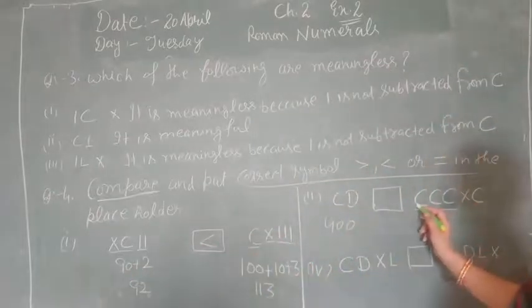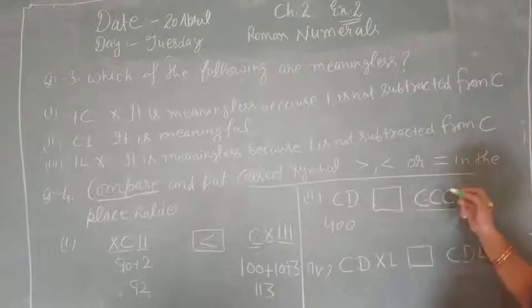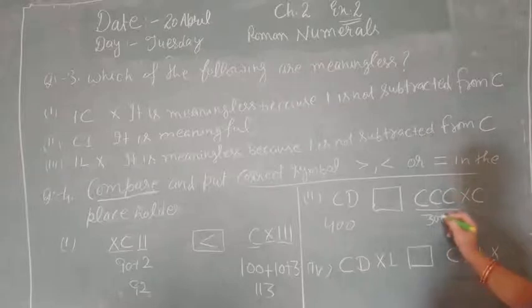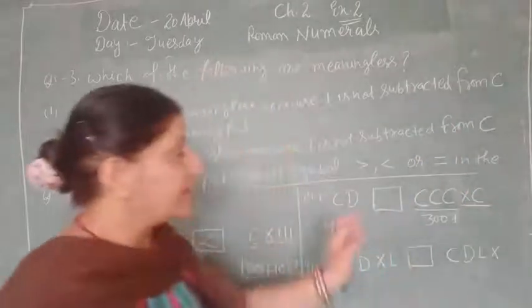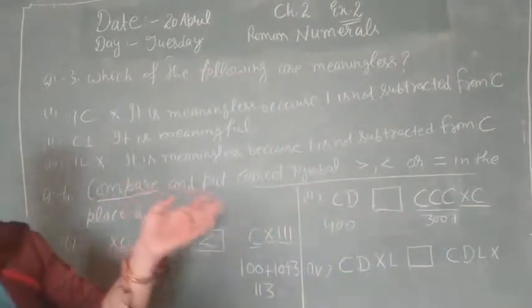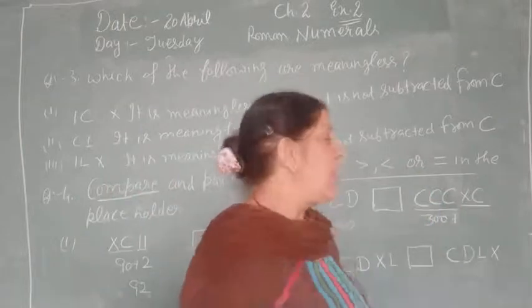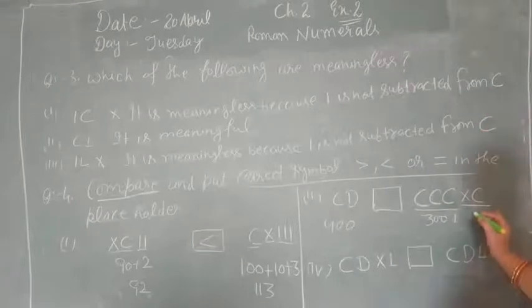Now C is used for 100 and here 100 is written 3 times, so our number becomes 300. Now our next number is XC. Again we see that C is greater than X. So X is subtracted from C, and the value of C is 100 and the value of X is 10.